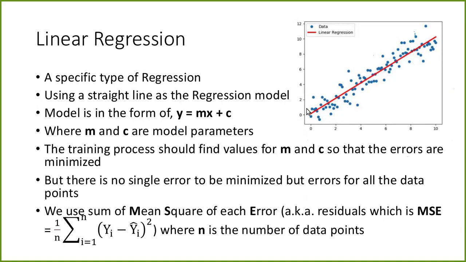With that, what you are assuming is that the relationship between x and y is linear. You might have already learned this equation, y equals mx plus c. So in linear regression, we assume that the independent variable and the dependent variable have a linear relationship.